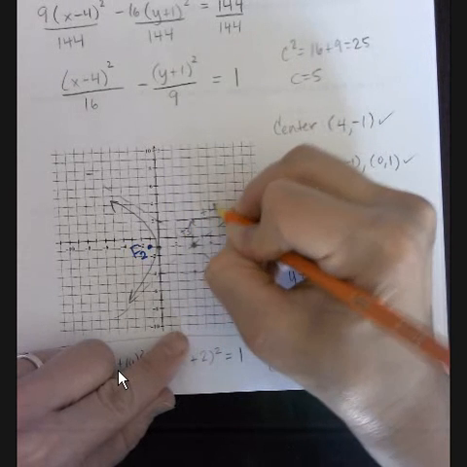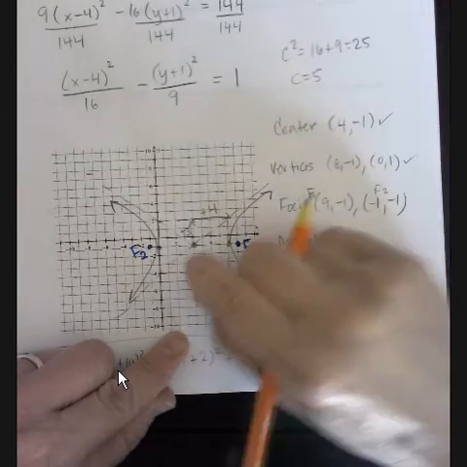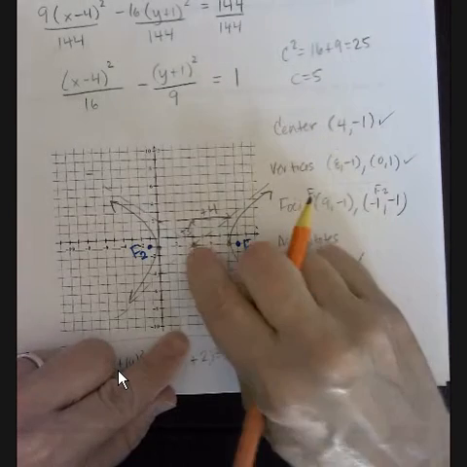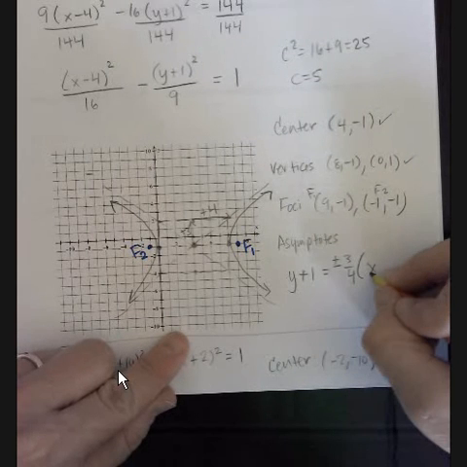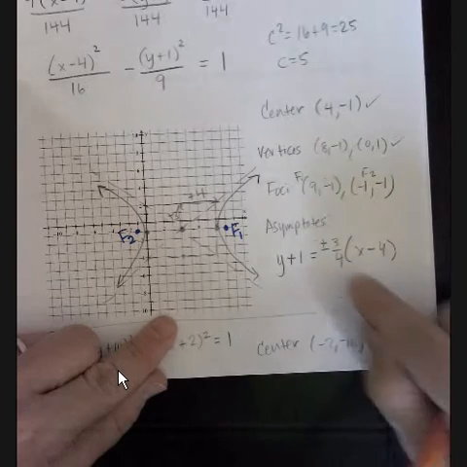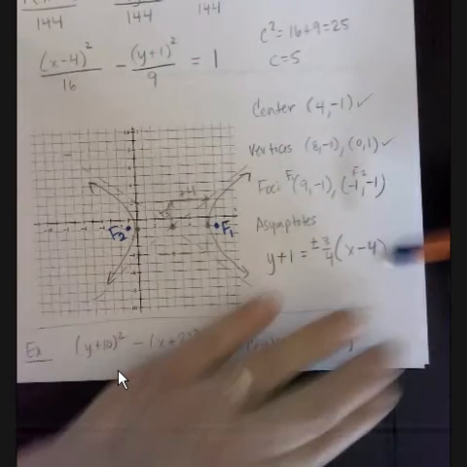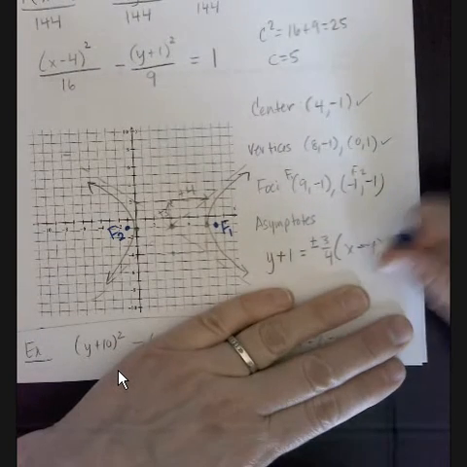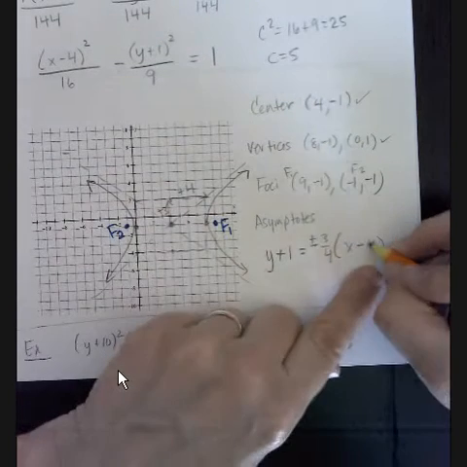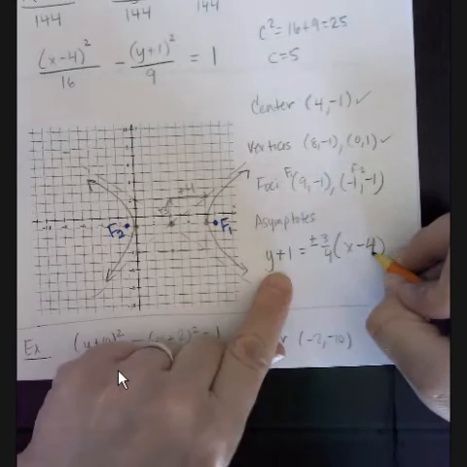Of course, this one has the positive slope and this one the negative slope, but they both go through the same point. That's why you can write this with just one equation. So use the h that pairs up with x and the k that pairs up with y. Plus or minus 3/4 are the 2 slopes.